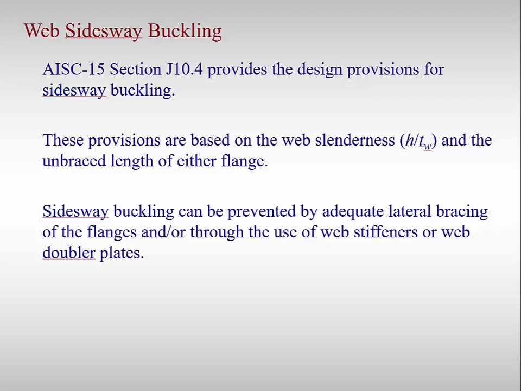The resistance to sidesway buckling is a function of the beam's web slenderness and the unbraced length of either beam flange. Sidesway can be prevented by properly supporting the flange at the column and/or providing web stiffeners or doubler plates in the beam at the column location.